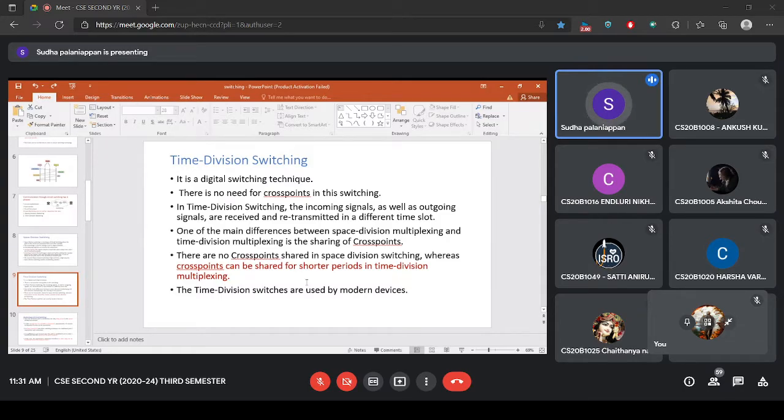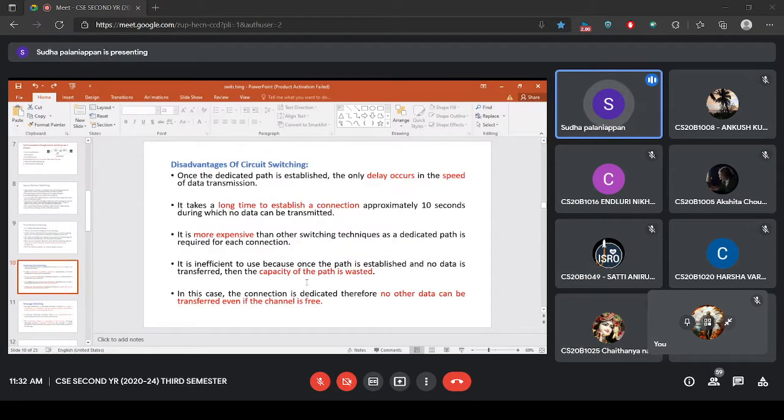In time division multiplexing, the medium is allotted to each user according to time, right? The cross points will be shared over a particular period of time during the transmission, right? So time division is used in modern devices, and it is comparatively better than space division switching.